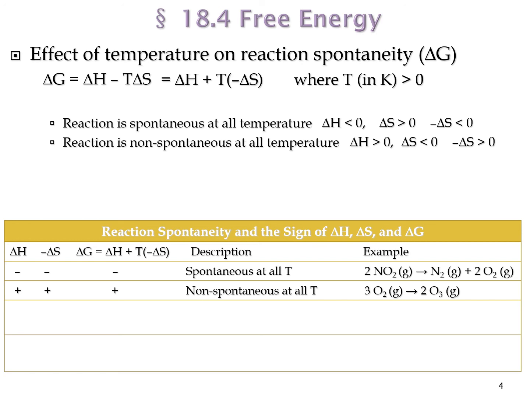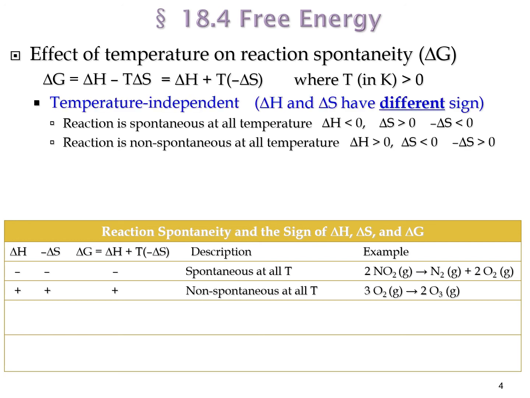All right, so let's go back to the chemistry here. From these first two cases or scenarios, we realize that we do have certain combinations of delta H and delta S that show independence of temperature. And when we read out these two combinations, we realize that the delta H and the delta S must have different signs.